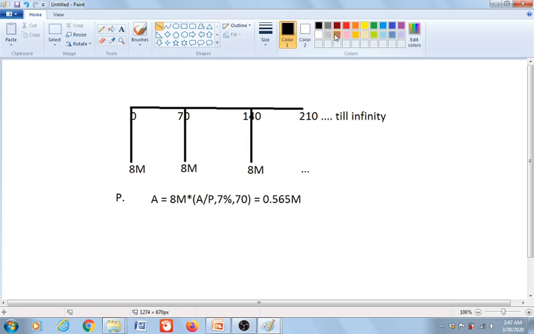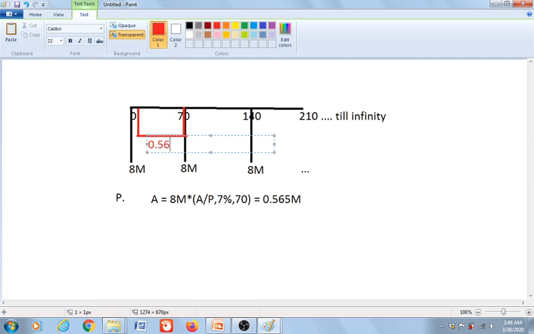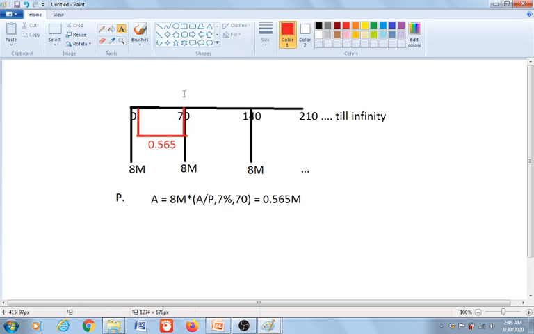I will use a different color. So this is the 0.565, and remember the 0.565 is the 8 million that you converted into an A. We will do the same thing for the second 8 million, for the third 8 million, for the fourth 8 million, and we'll do this forever.